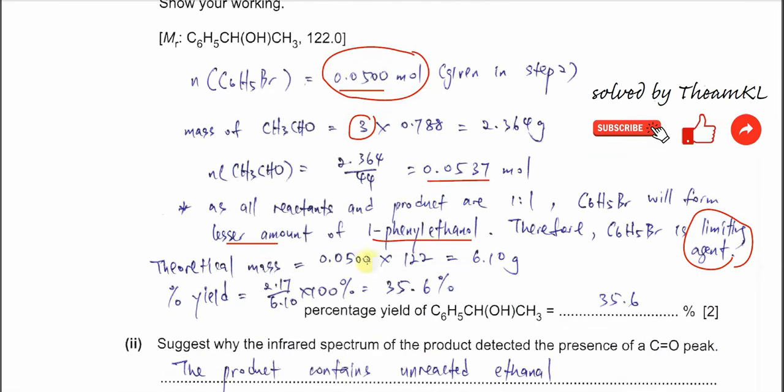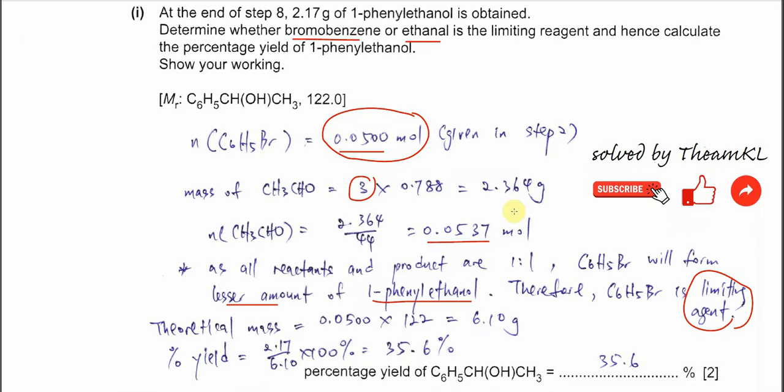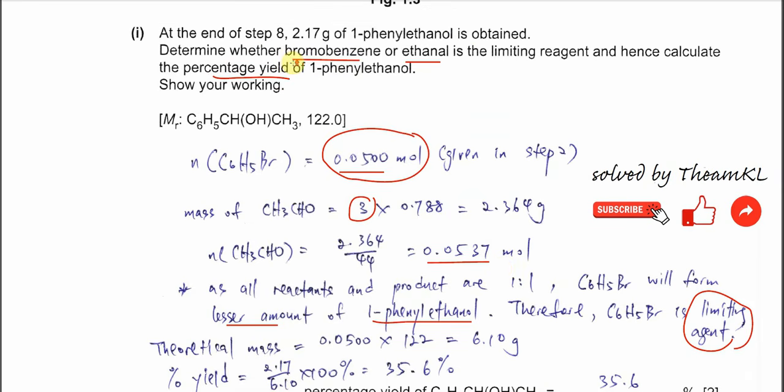Use this mole times the molar mass of the 1-phenyl ethanol, the product, and you get 6.10 gram. Because the question asks what is the percentage yield of the product, and this is the theoretical yield, the actual yield that we get from the experiment is 2.17.